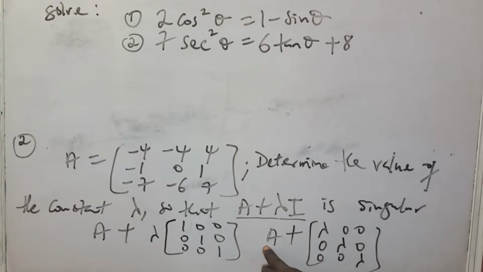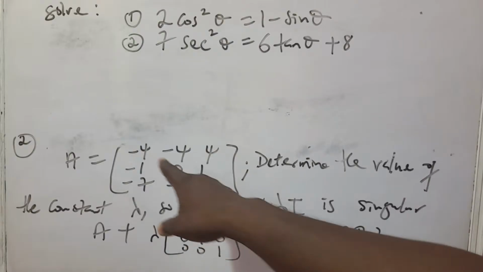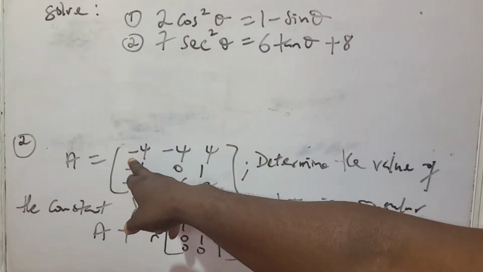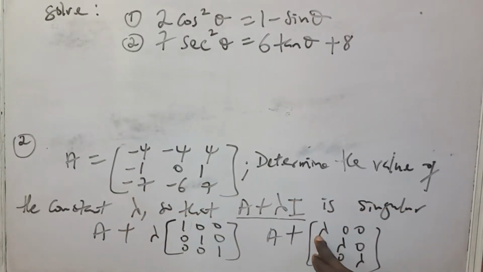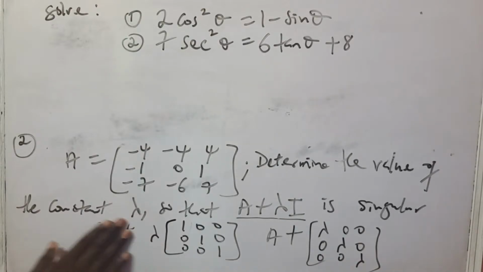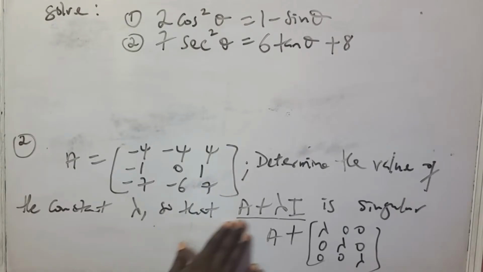So A can be added with this scalar multiplication. Next, we want to add each of the elements. That means this minus 4 will meet with this lambda, this minus 4 will meet with 0, and 4 here will meet with 0. That's the way you do matrix addition. Let's try and do the sum here.